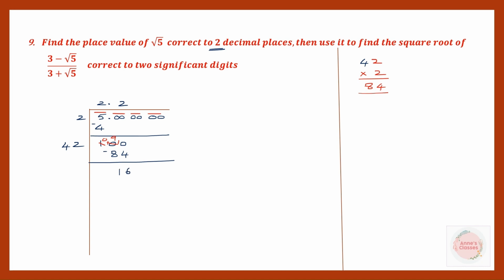Next step is we bring down the next pair of zeros. So we bring that down. Let's put it here. So we have 2. Now our number is 1600. Let's multiply 22. So we are ignoring the point, reading it as 22. We are doubling it, so multiplying it by 2. That is 22 into 2 is 44. Now we have to put a digit next to 4 to get a number close to 1600.